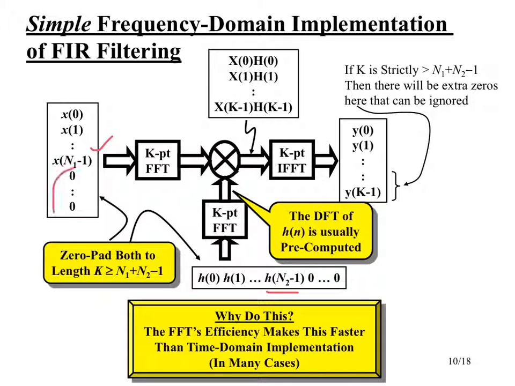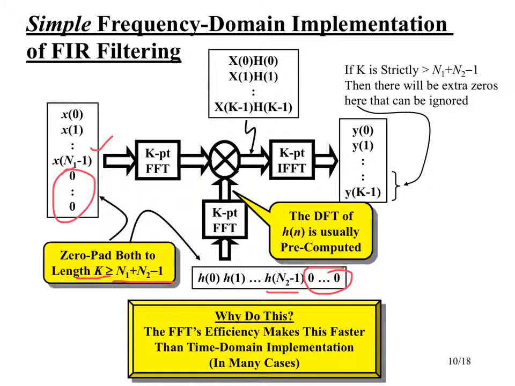We tack on some zeros at the end of each of them, a different number of zeros at the end of each one for the case where N2 and N1 are different from each other. And we zero pad both of them out to the same length, some length k, and the only requirement is that it be at least as long as the linear convolution between x and h.